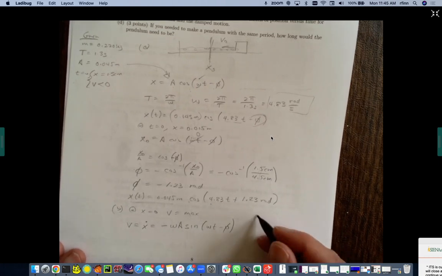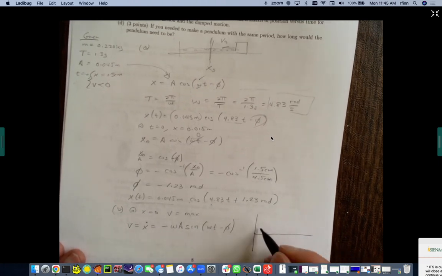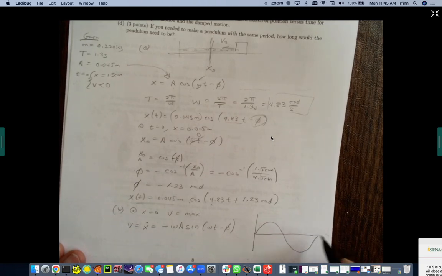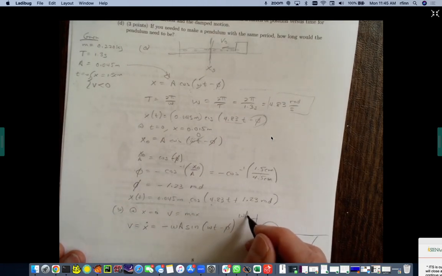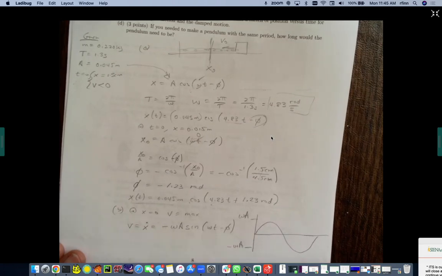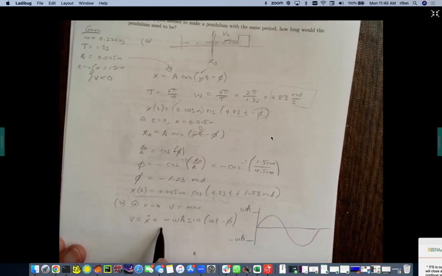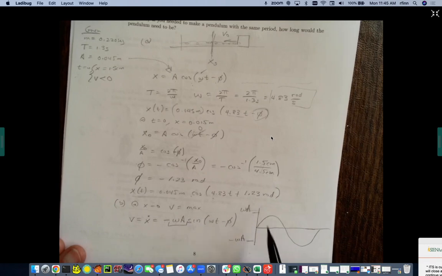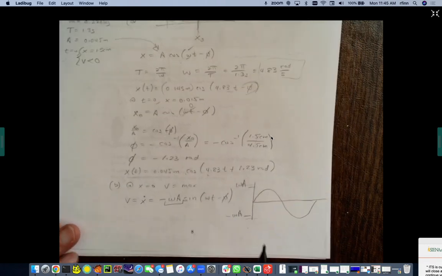Okay, so this is a sine curve. It's a negative sine curve, but that's okay. The amplitude is oscillating between omega A and minus omega A. So this coefficient here is the max speed that it's going to have.